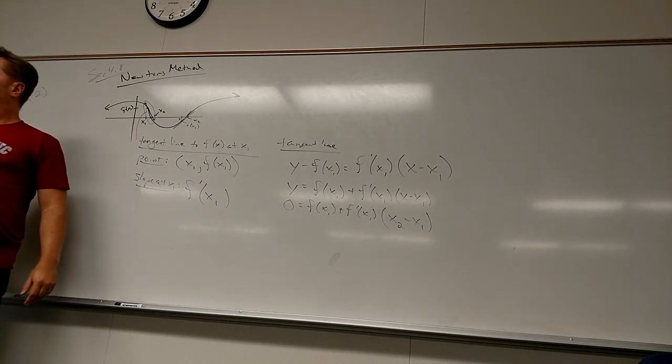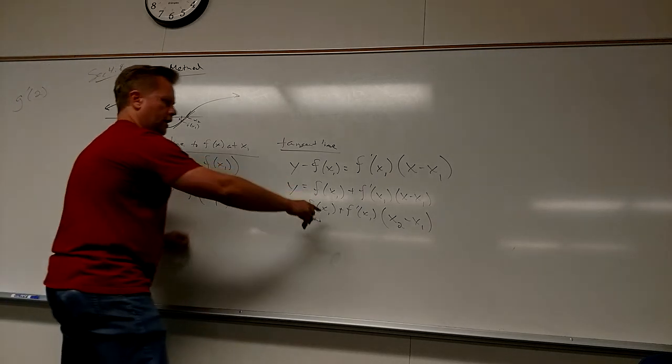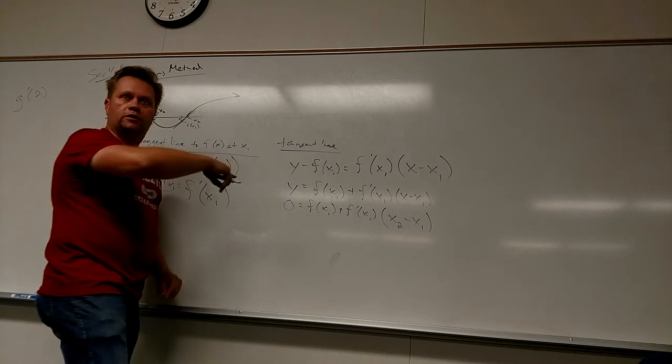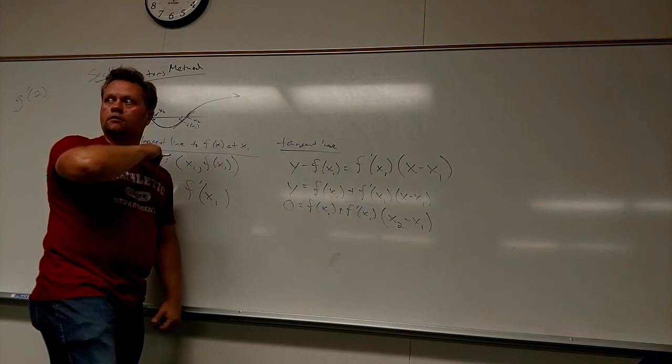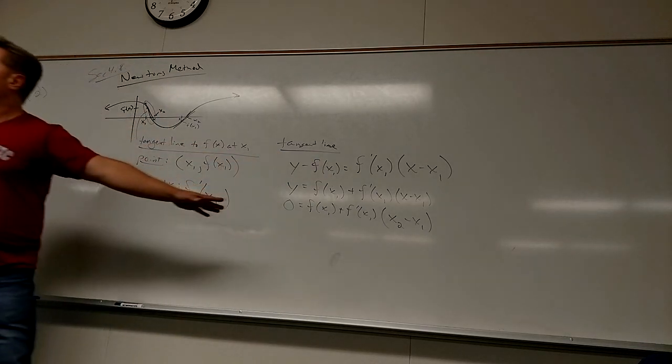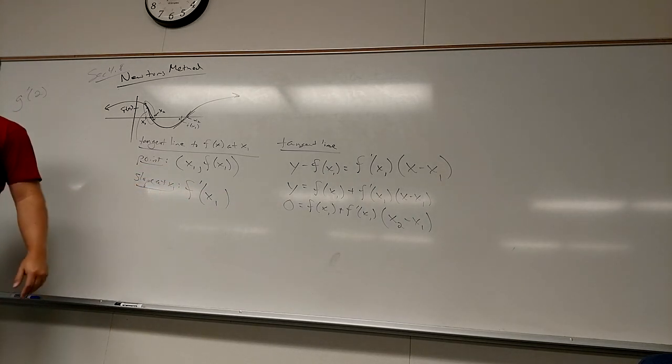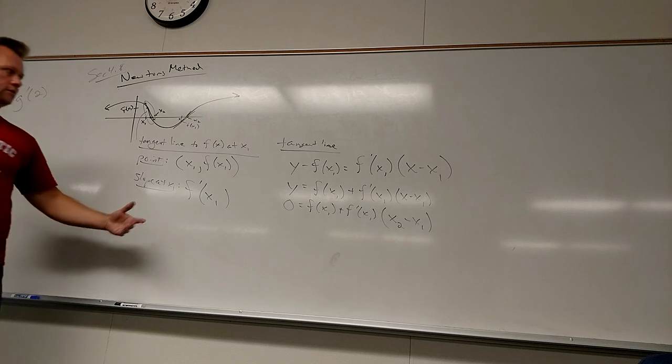Solve for that. I have to subtract this, divide by this, and add x1. You see that? Just solve that for x2. If you're paying attention, I just told you how to do it.